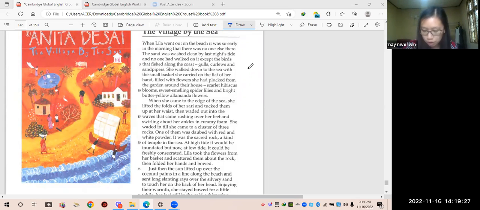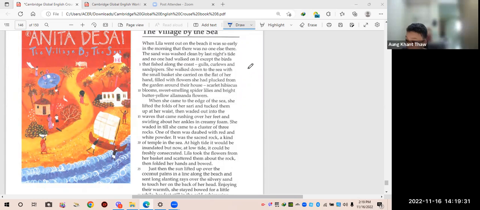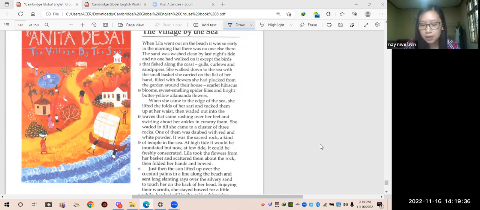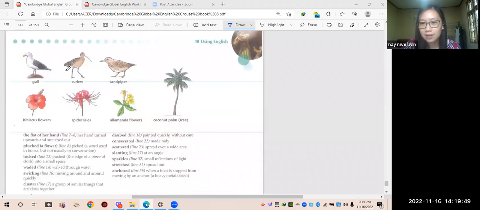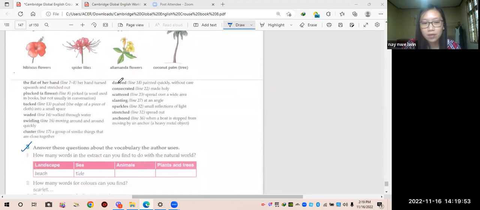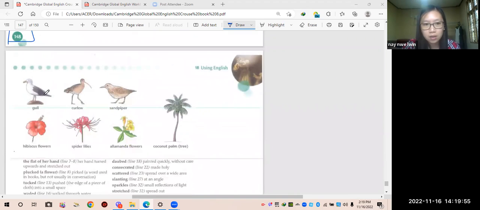So have you finished? Yes. So actually we can see the answers on page 149 with the pictures, right? You don't even need to search in the text. So the vocabulary concerned with animals will be like gull, curlew, and sandpiper, right?